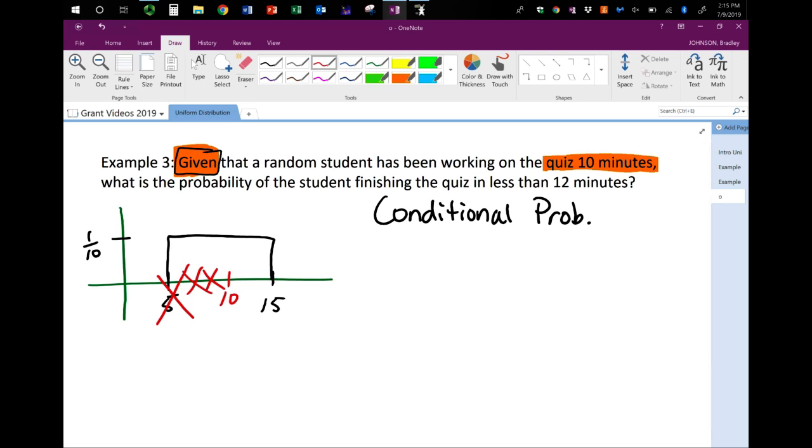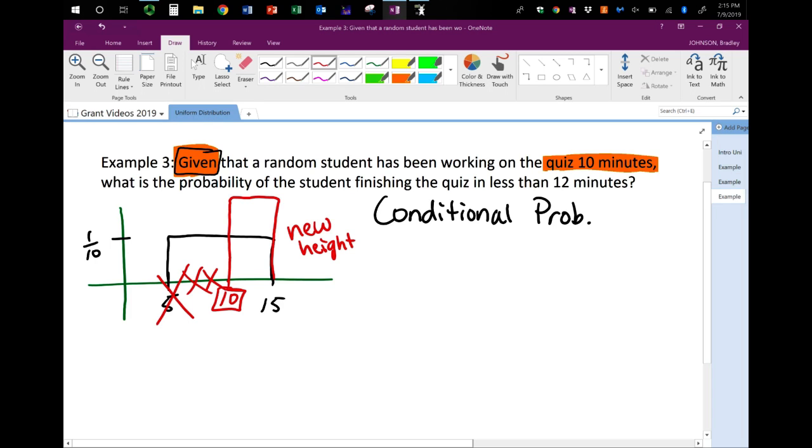We're given that information. So what happens now is 10 is our new starting point. 10 is your new beginning. And this is actually going to create a new height for us. Okay? And it's actually going to increase larger that way. And if we go to the left-hand side, we want to find that height.